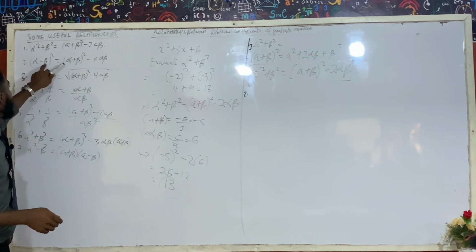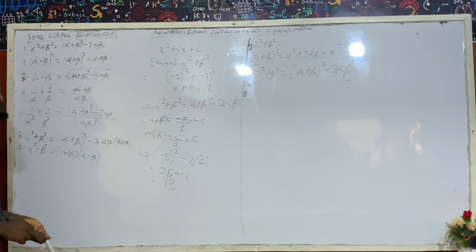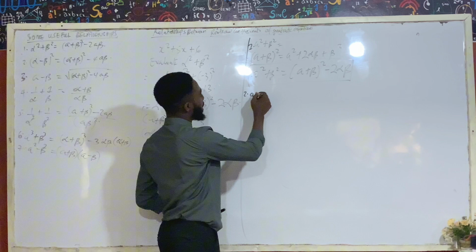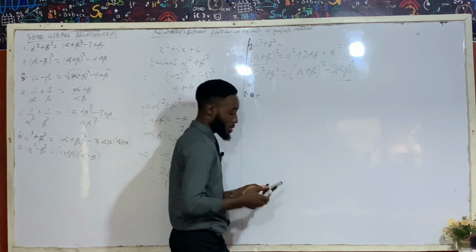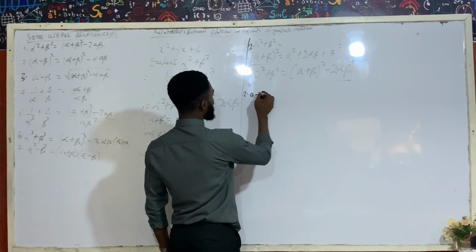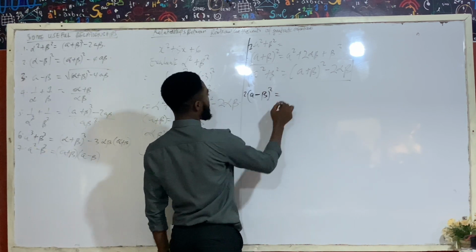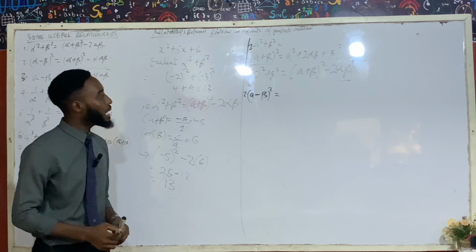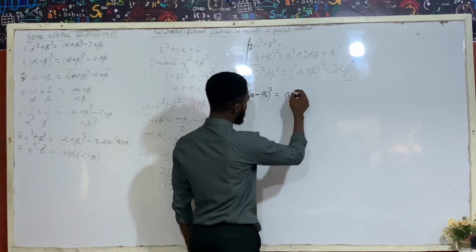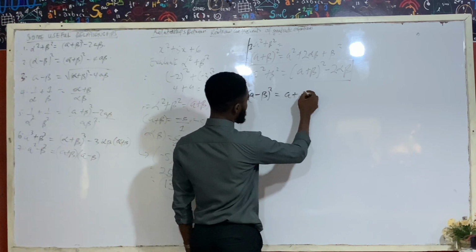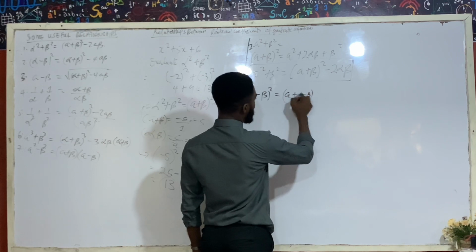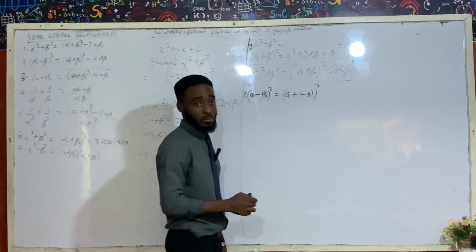What about alpha minus beta all squared? We have alpha minus beta all squared. This same thing can be written as alpha plus minus beta all squared, right?